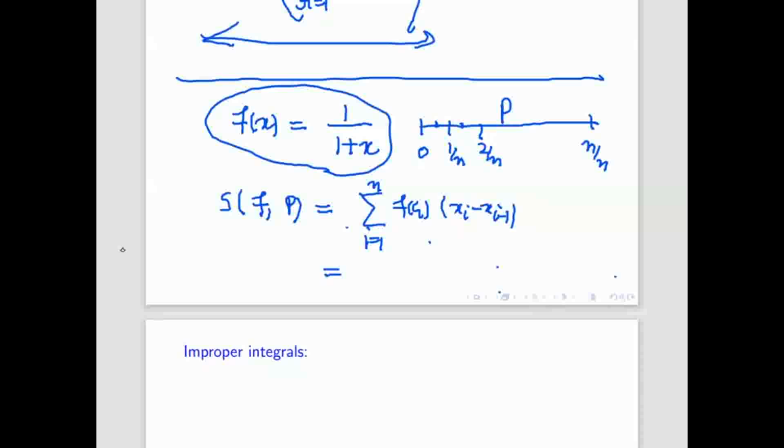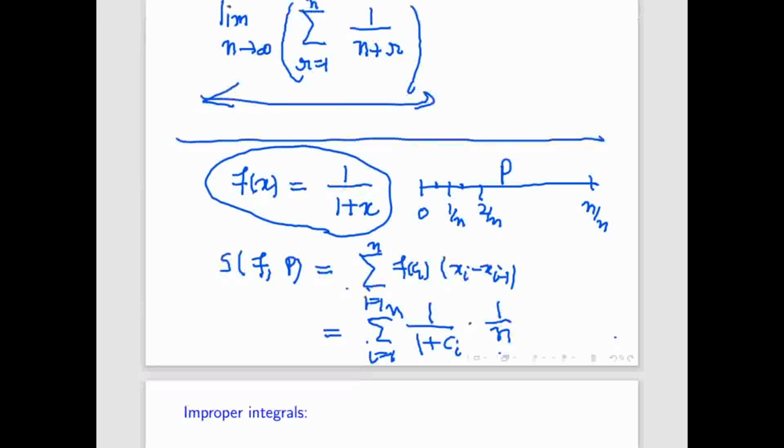So f of ci is 1 upon 1 plus ci, because this is the function, and this is 1 by n, i from 1 to n. So I want this function. What ci should we choose so that this whole thing will become this summation?